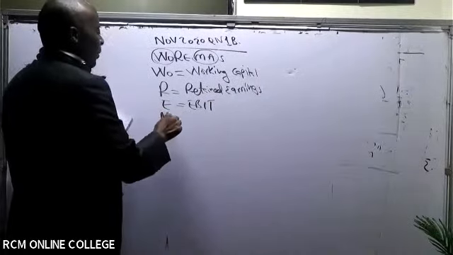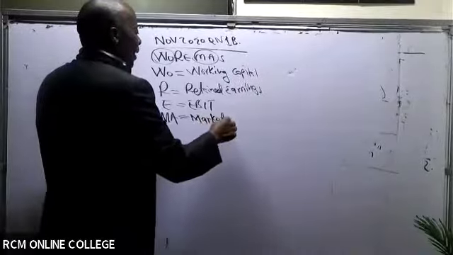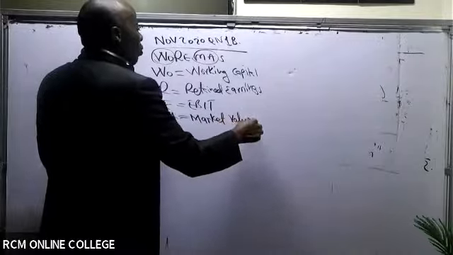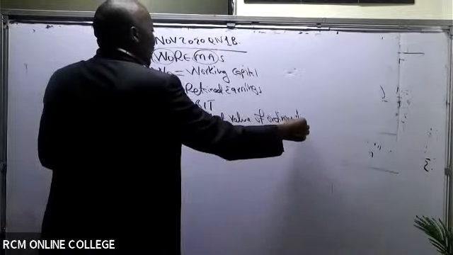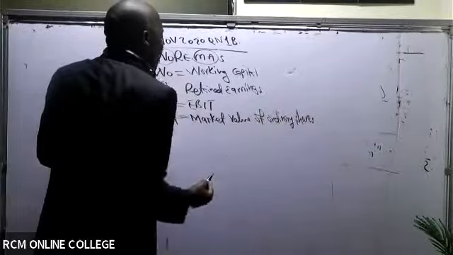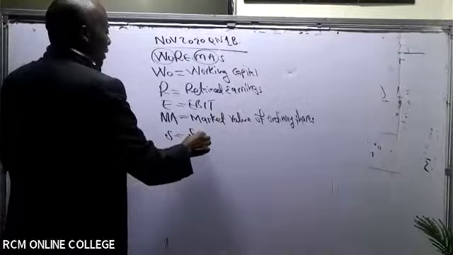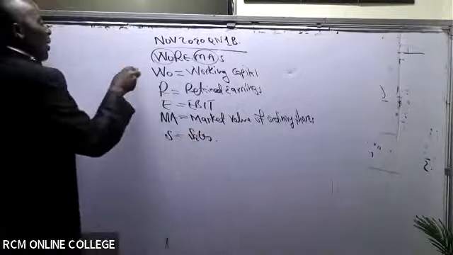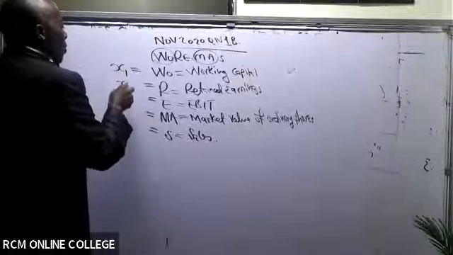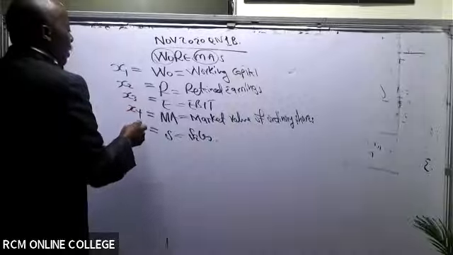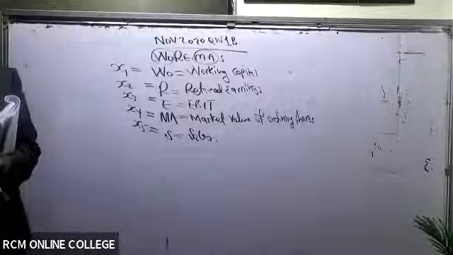Then market value of ordinary shares. And then lastly S. S in this case stands for sales. Remember that this will give me the X1 ratio, X2, X3, and then we have X4, and then lastly X5.